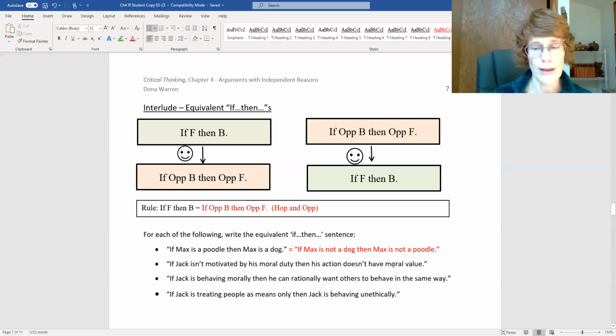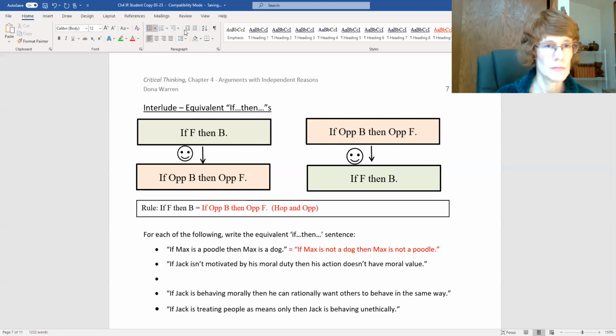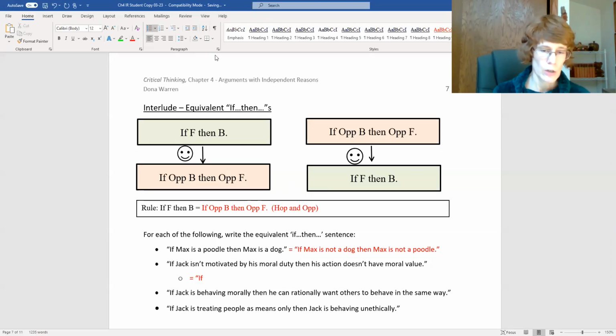Okay, so what do you have? This is what I would get. It's going to be equivalent to: if, well, I'm going to take the back part, his action doesn't have moral value, and the opposite of that is going to become the front part. So that would be his action does have moral value. And since the "his" is Jack, I'll just say Jack.